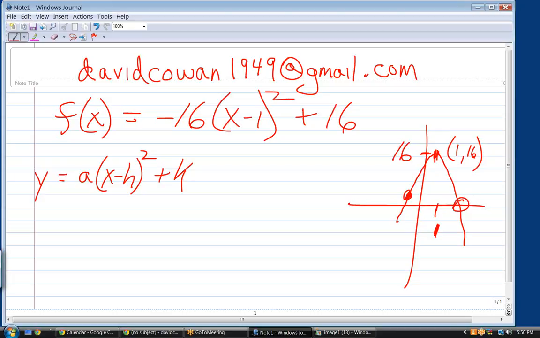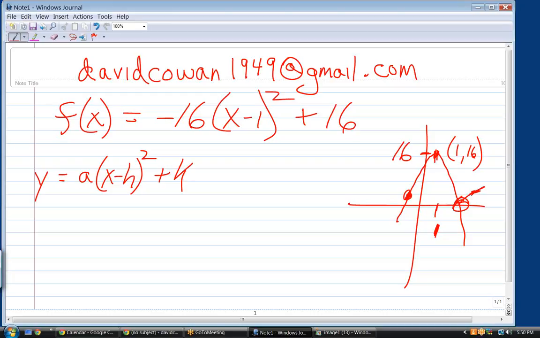Well, what is y at this point right there? No, what is y? We're on the x-axis. What is the y coordinate of that point that I've circled? We don't know what the x coordinate is yet, but we know what the y coordinate is because it's on the x-axis.